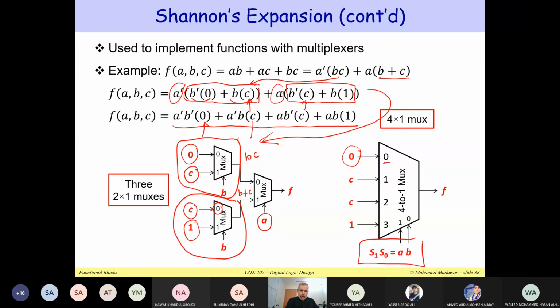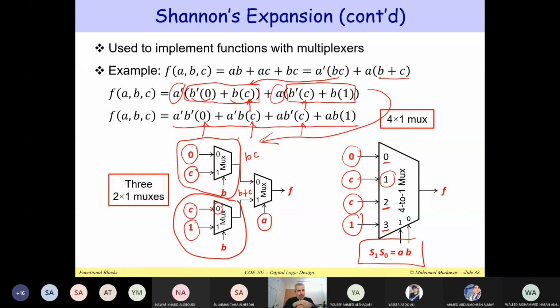When AB equal to 0, 1, we get C. So C is connected to input 1. When you have 1, 0, so that's A, B prime, you get C. So again, C is connected to input 2. And when you have AB equal to 1, 1, you get 1. So 1 is connected to input 3. So notice that this is an implementation using a 4-to-1 multiplexer.